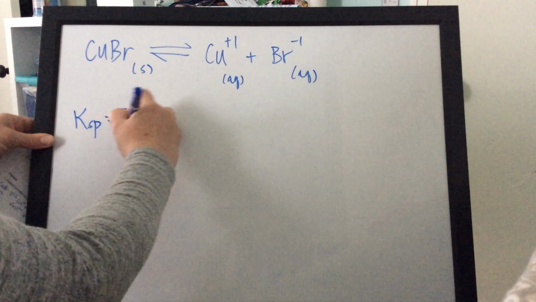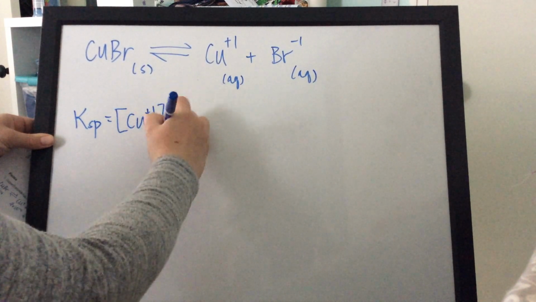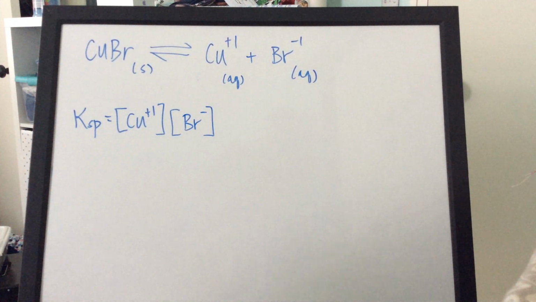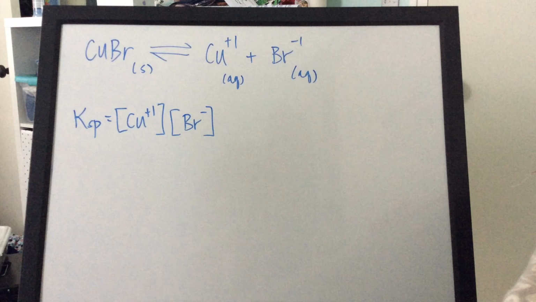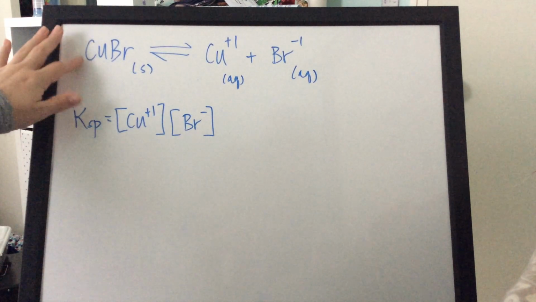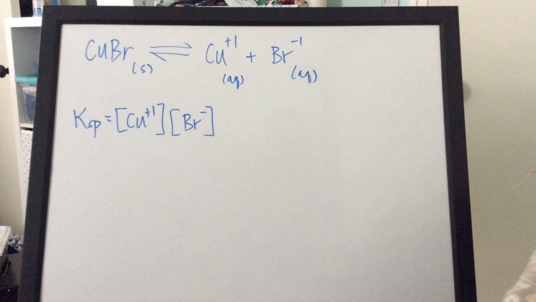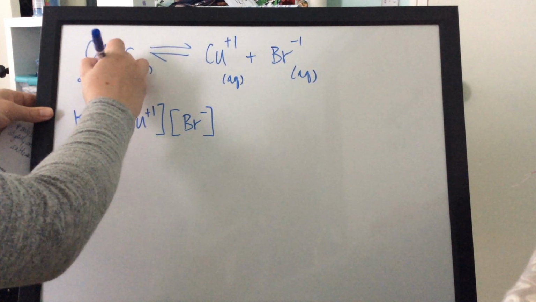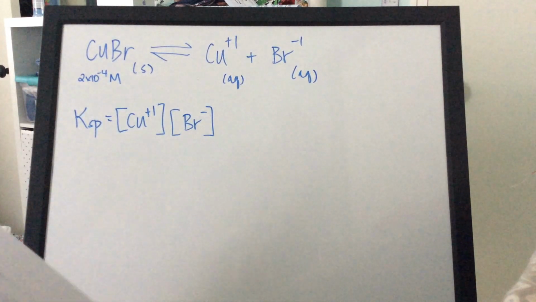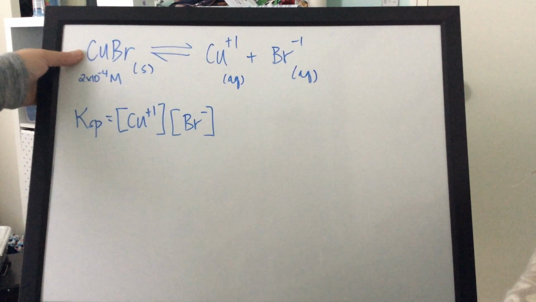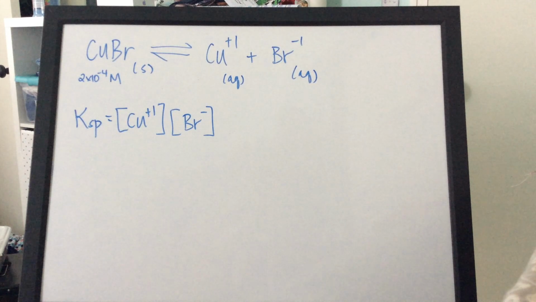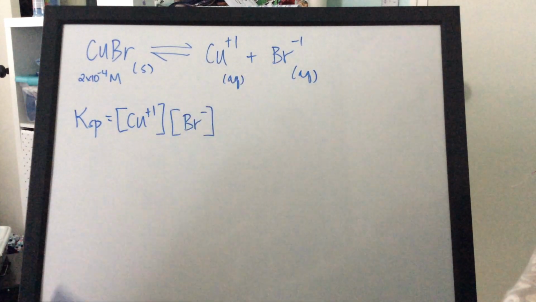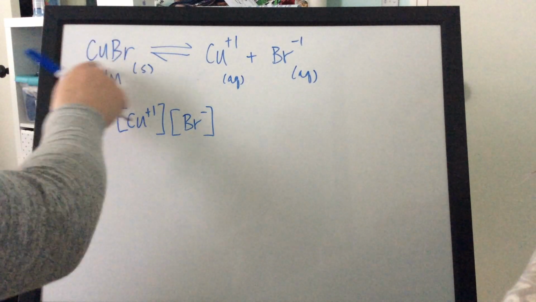The product, again in this case, they're both coefficients of 1. And what they tell me is that the solubility of this is 2 times 10 to the negative 4th molar. So I'm going to write that right here underneath the compound, because we're going to use this idea of creating a sequence, like we always do, to figure out what the concentration of each ion would be if this thing has a solubility of this.